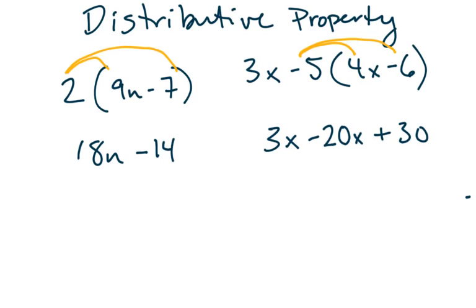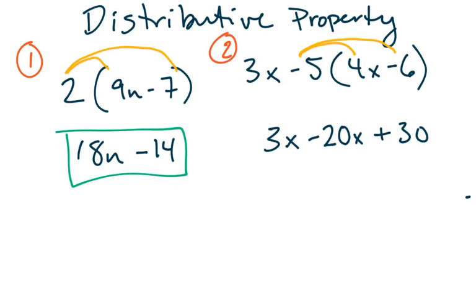So over here, and let me review that this was number 1, and this is number 2 on worksheet number 1. You'll see here that this was the final answer, because these are not like terms and I cannot combine them and I cannot simplify any further. But here, these are like terms.